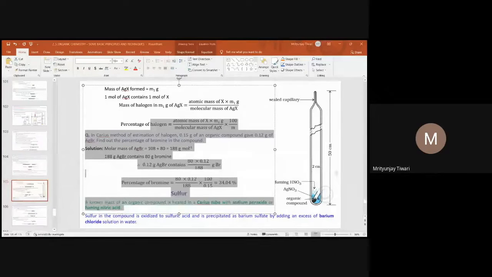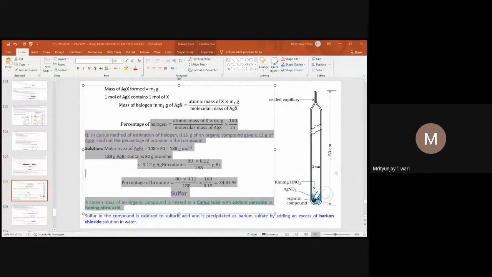This phosphoric acid reacts with ammonium molybdate and nitric acid to form ammonium phosphomolybdate, which is the precipitate. We separate it out, wash it, dry it, weigh it, and see the amount of ammonium phosphomolybdate there.